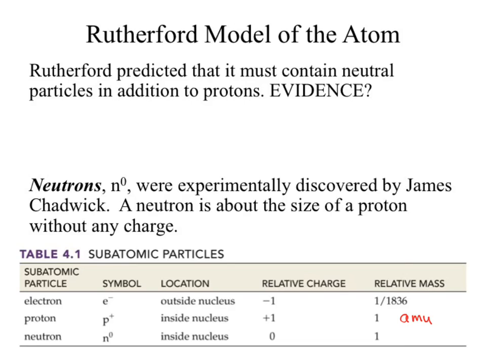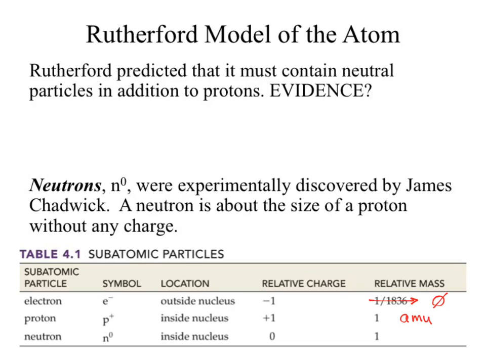What about the mass of an electron? It is still matter, so it does still have a mass. That mass happens to be 1 over 1,836 the mass of a proton, which means it's roughly 0.